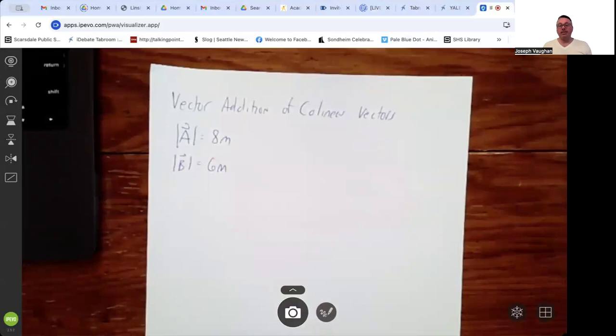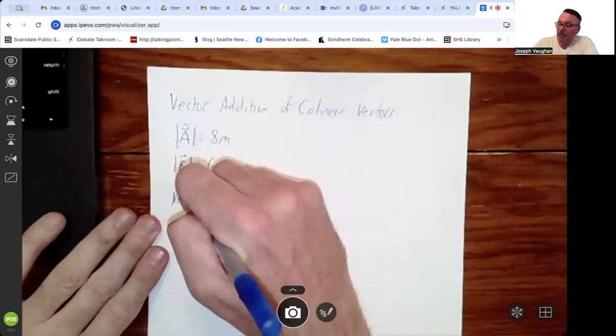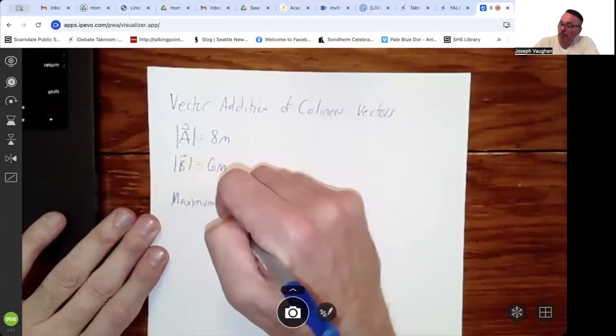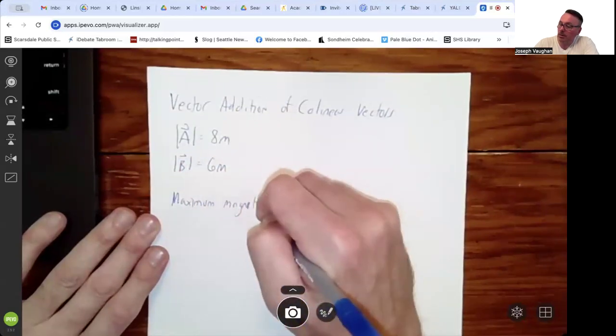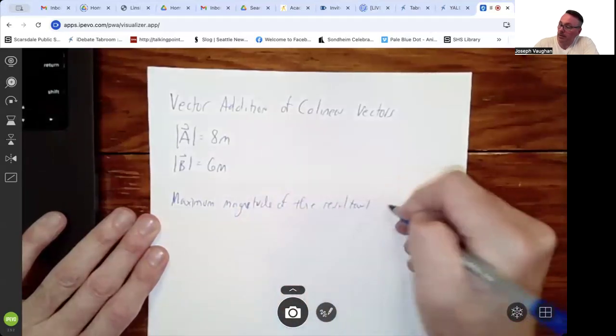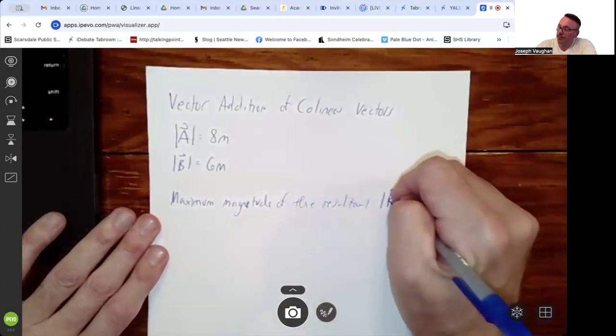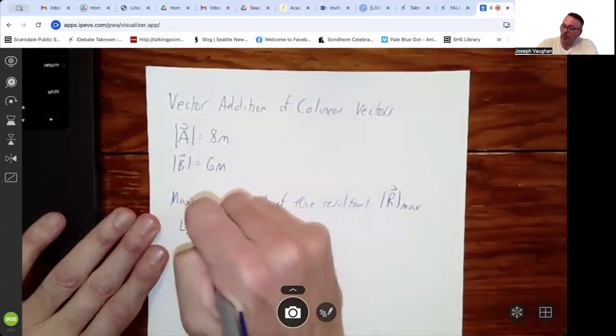So the question I ask is, what is the maximum magnitude of the resultant vector? Meaning, I don't know the direction that these two vectors point. I don't know the direction of A and B. What's the maximum magnitude that you can have? So hopefully, it should be pretty clear that the maximum magnitude of the resultant, so that would be symbolically magnitude of R max, would be in this case 14 meters.